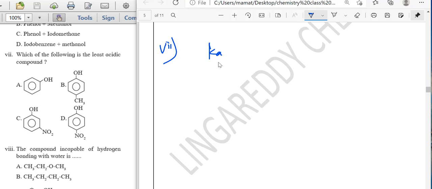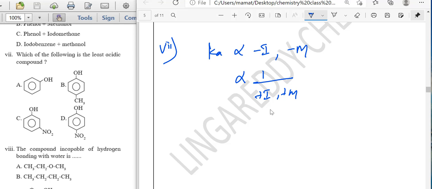Then seventh question. Acidic strength we are showing by Ka. Ka is directly proportional to minus inductive and minus mesomeric groups, right? And all of them are phenol, right? At the same time you can understand one with plus inductive and plus mesomeric group.